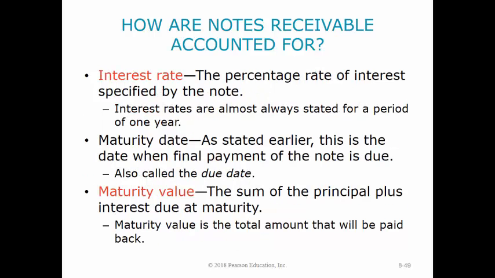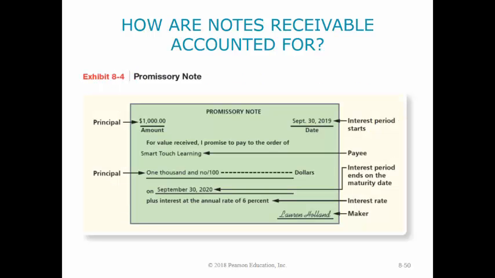Interest rate: the percentage rate of interest specified by the note. Interest rates are almost always stated for a period of 1 year. Maturity date: as stated earlier, this is the date when final payment of the note is due, also called the due date. Maturity value: the sum of the principal plus interest due at maturity. Maturity value is the total amount that will be paid back.